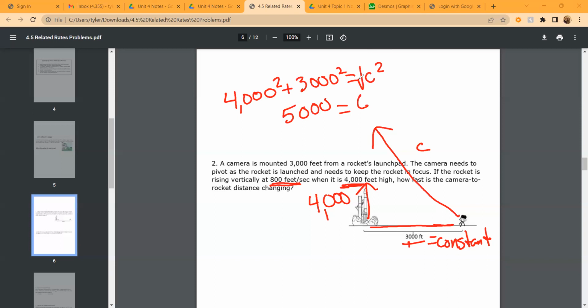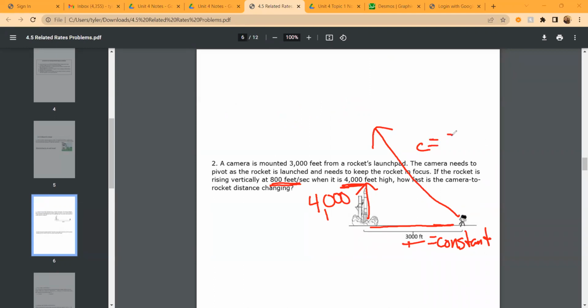If you just take the square root of both sides, you're going to be set. What we don't know is dC/dt. So we take this information, we know essentially that C is going to be 5,000 at the 4,000 mark, right? When it's 4,000 tall.